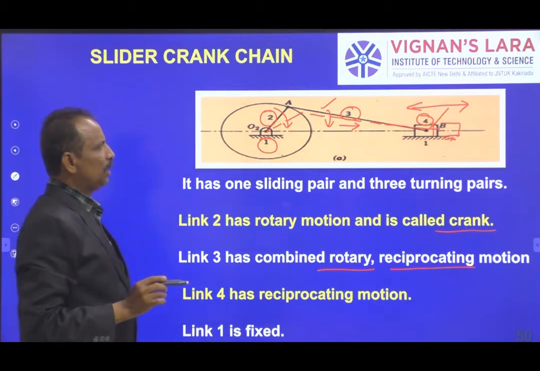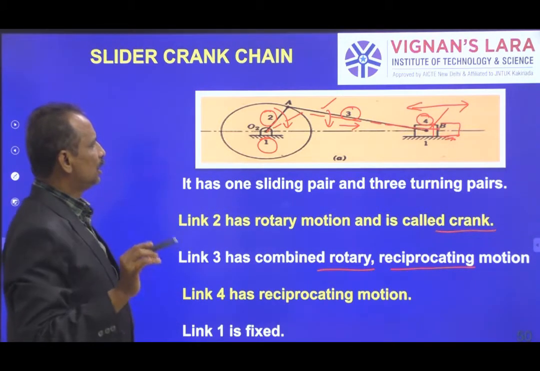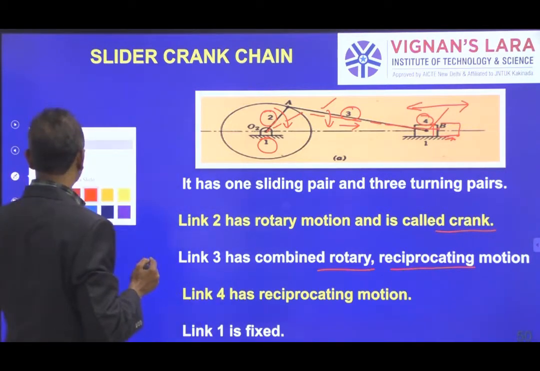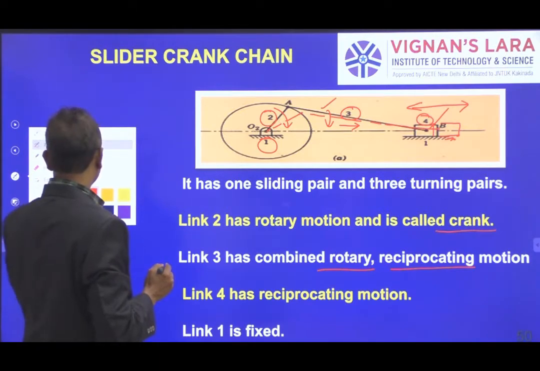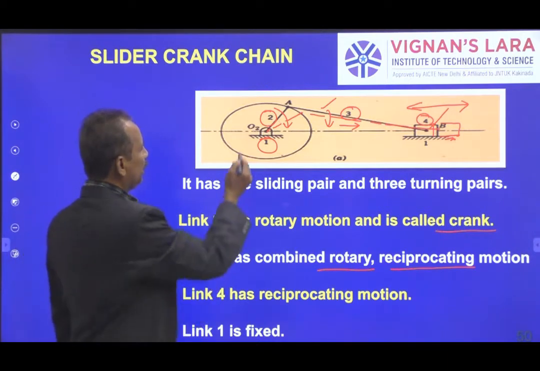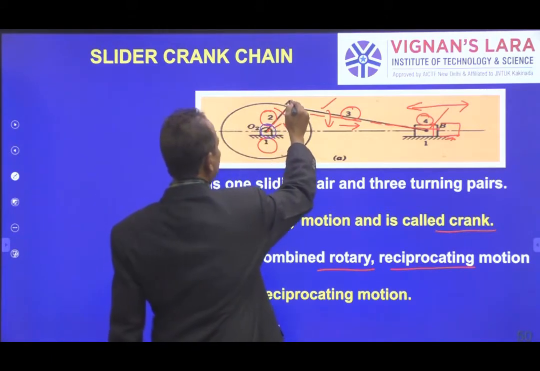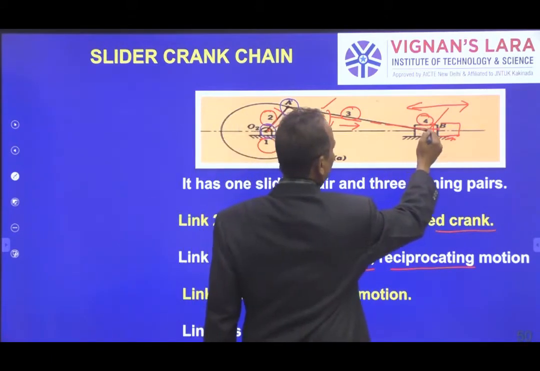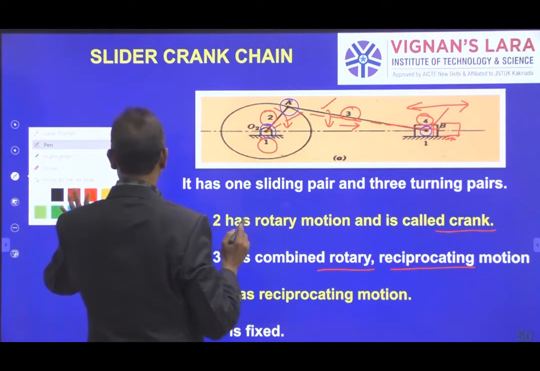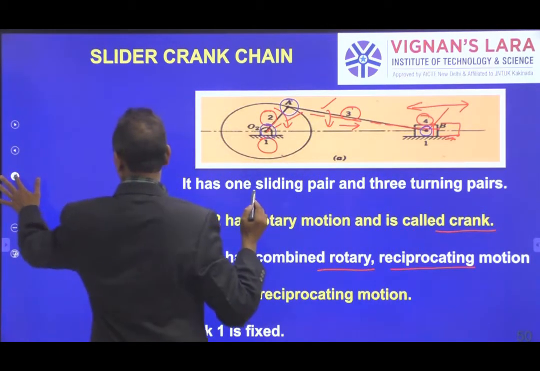If you look at the pairs, we have 3 turning pairs and 1 sliding pair. Observe here, this is 1 pair, this is another pair, this is another pair, and this is the 4th pair.